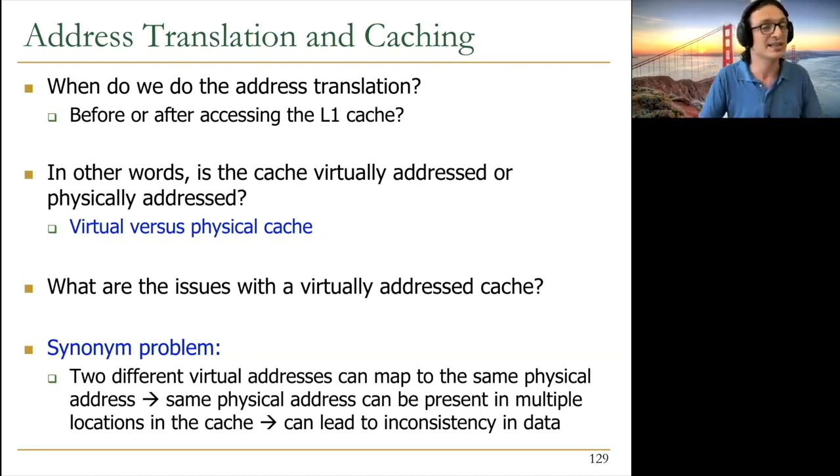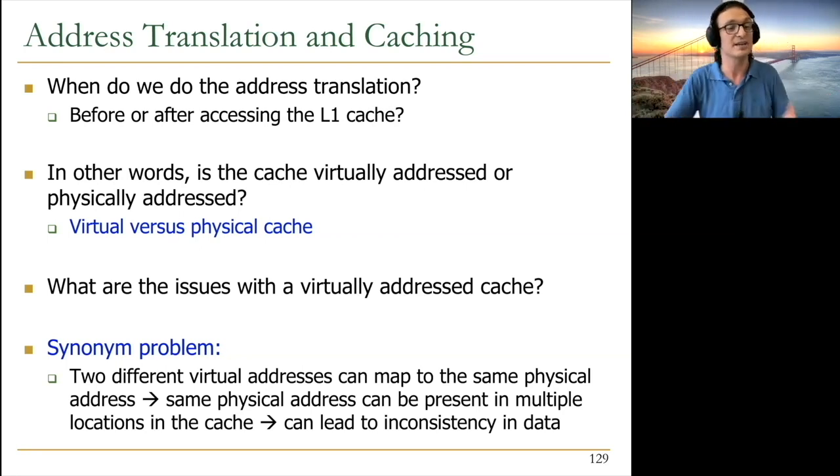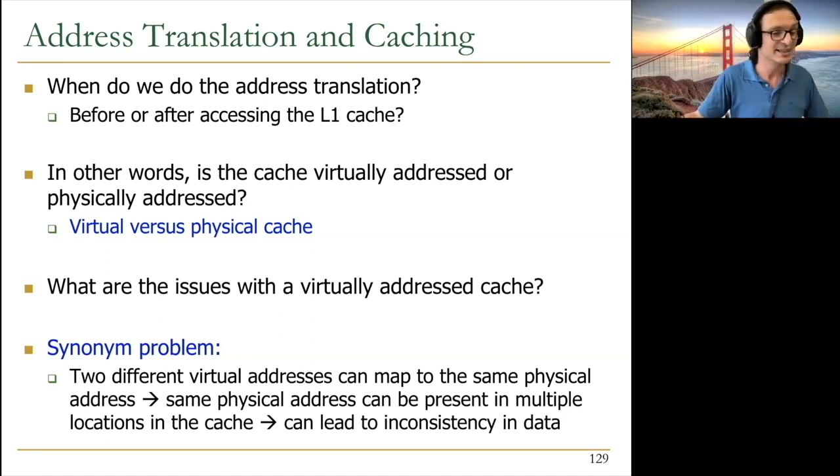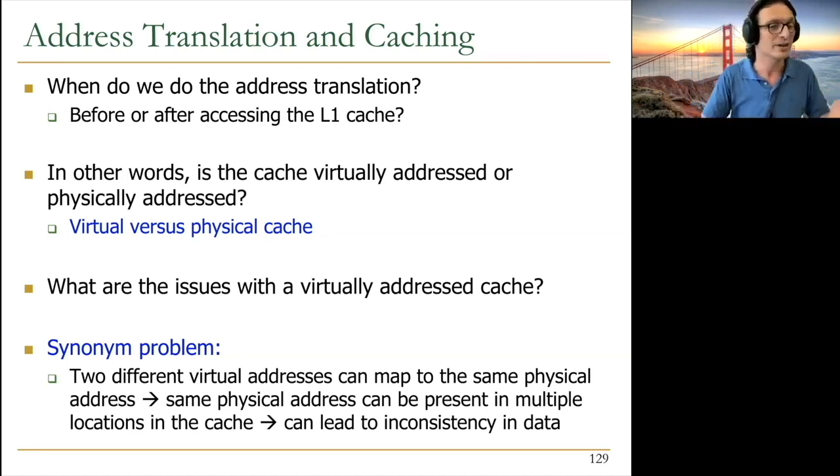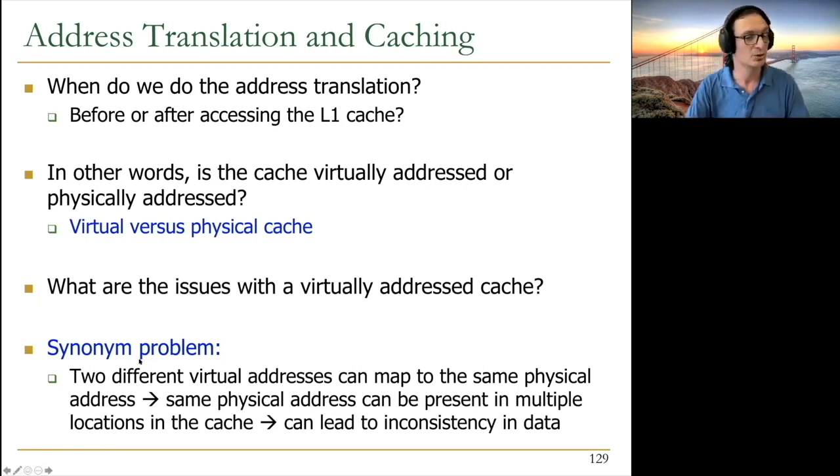And this can lead to inconsistency in data because the same physical address is in multiple locations, let's say different sets, different indices in the cache. And if one of them is updated, the other one needs to be updated also or invalidated. So you have a coherence or consistency problem inside your own cache if your cache is virtual, because two different virtual addresses can map to the same physical address.